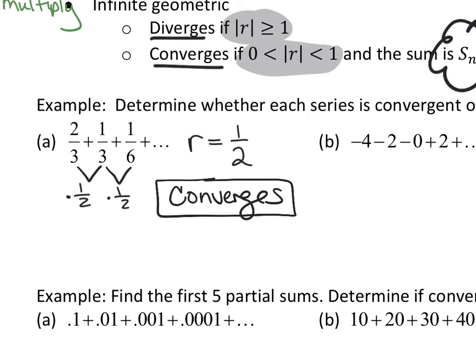And we can find the sum of this series if we just fill in this equation. S sub n equal to a sub 1 over 1 minus r. What's the first term in this series? 2/3. And then we're going to divide by 1 minus the ratio.